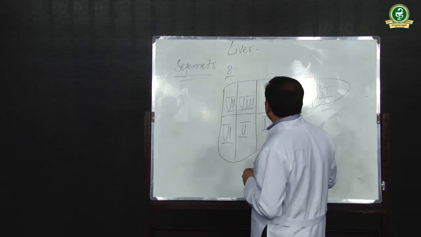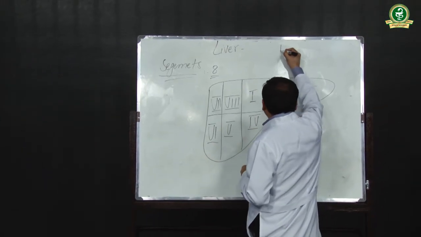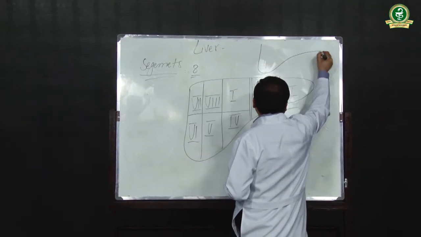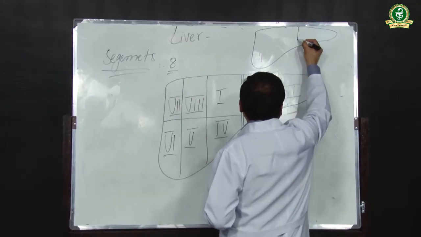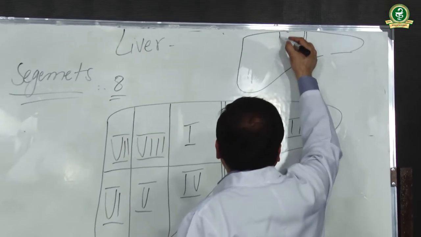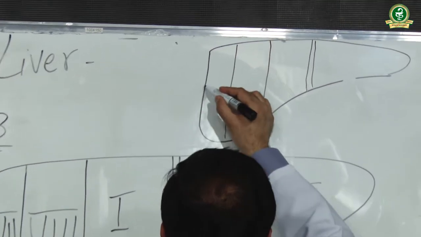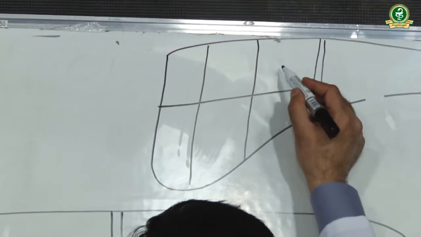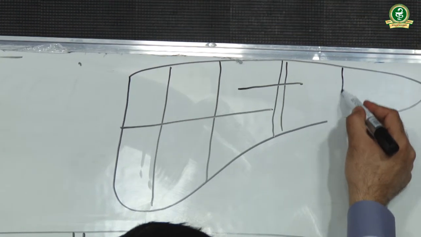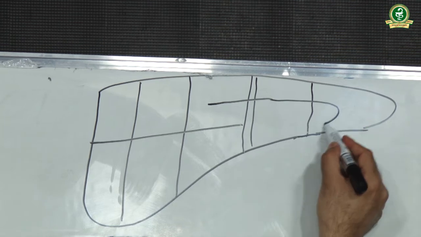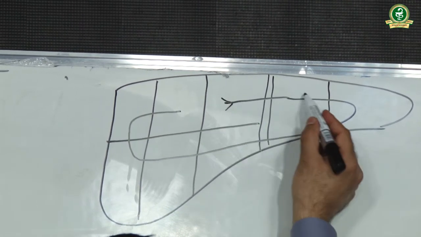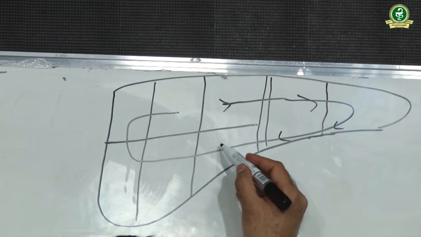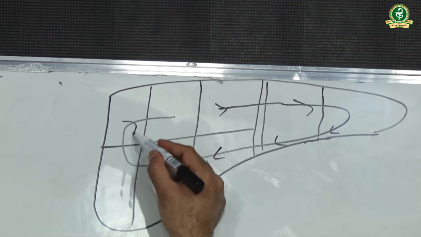Clockwise. What does it mean? I will make it again so that you have no confusion. If I make it there, you will be confused. It means working clockwise, not anticlockwise.